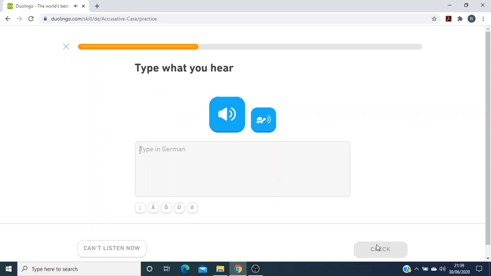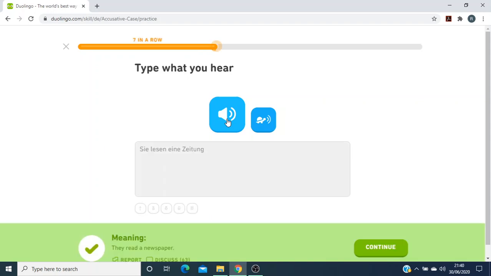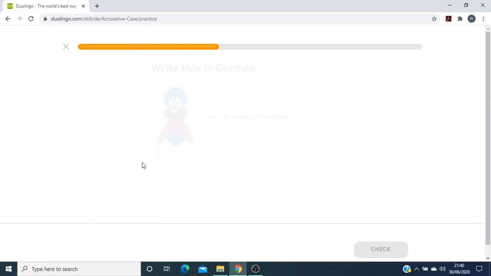Sie lesen eine Zeitung. They read a newspaper, or it can also mean you read a newspaper, because Sie, particularly if you capitalize it, is the formal word for you in German.